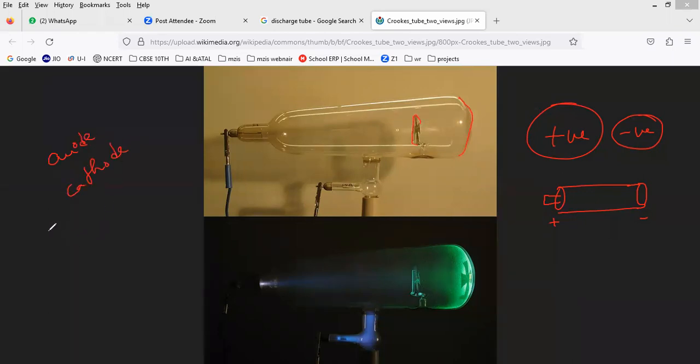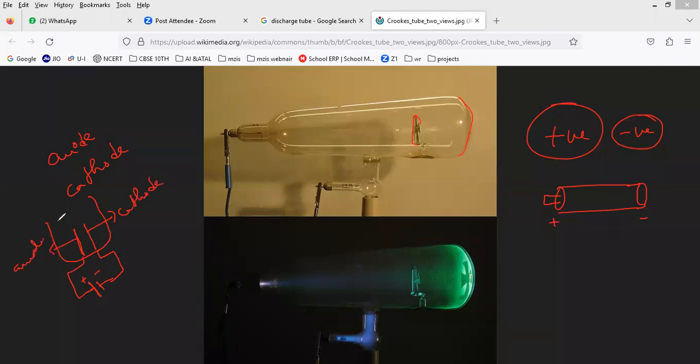Even in the electrolysis process, which you will study in class 8, which is anode and which is cathode? The one we connect to the positive terminal of the battery, we call anode. The one we connect to the negative terminal of the battery, we call cathode. Is it yes or no, guys? Yes, sir.